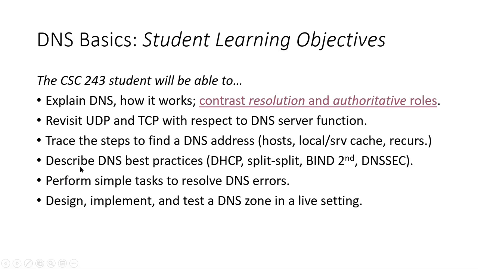So our next objective is to describe DNS best practices, how you can make your network bulletproof, and then to perform simple tasks to resolve DNS errors, and then finally to design, implement, and test your own domain name. You're going to create a DNS zone in a live setting.